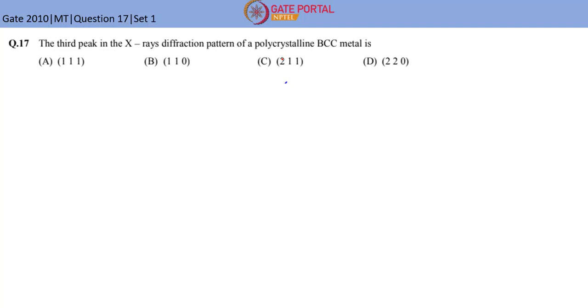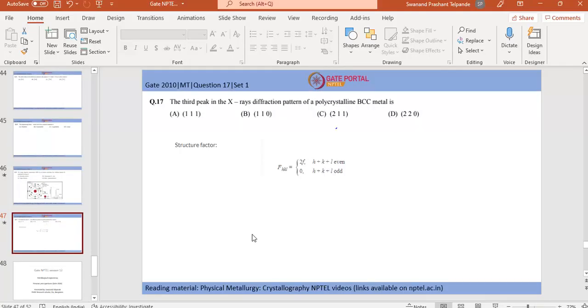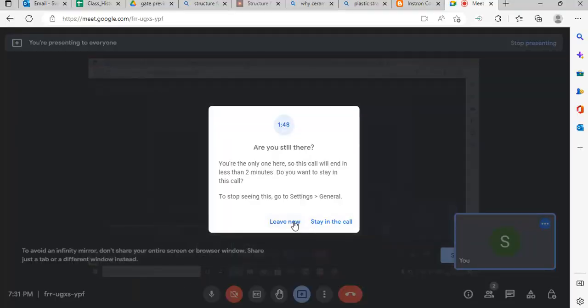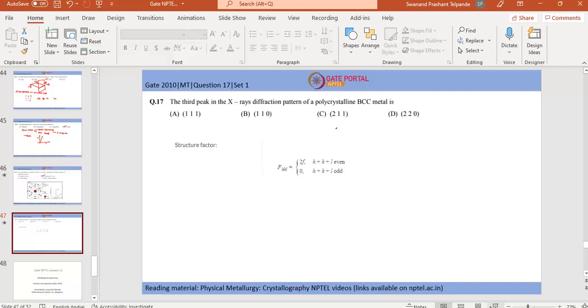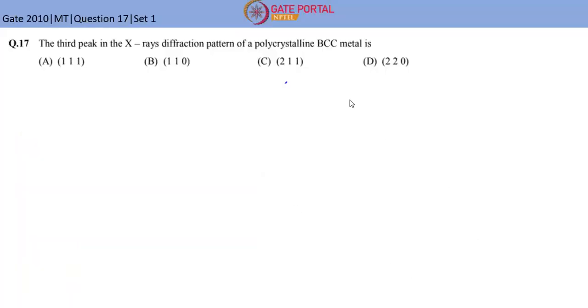The third peak in the X-ray diffraction pattern of a polycrystalline BCC metal is: option A is 111, option B is 110, option C is 211, and option D is 220.